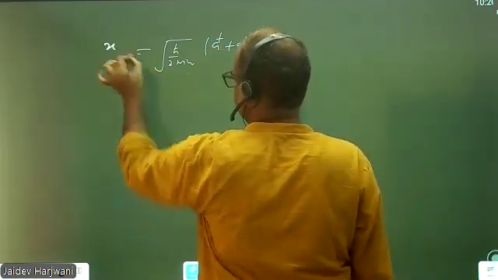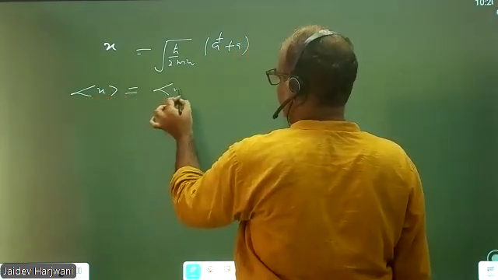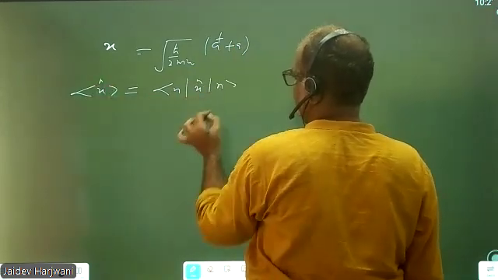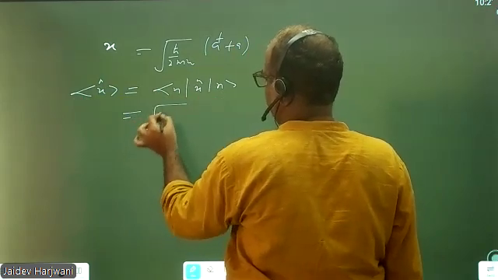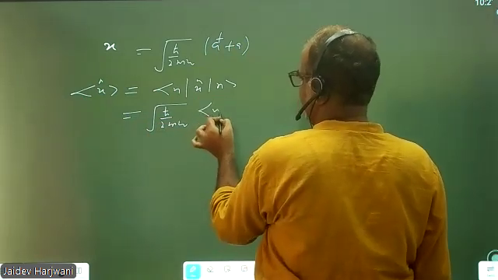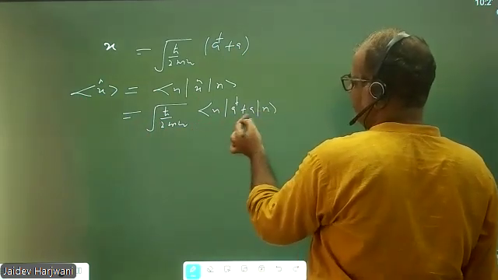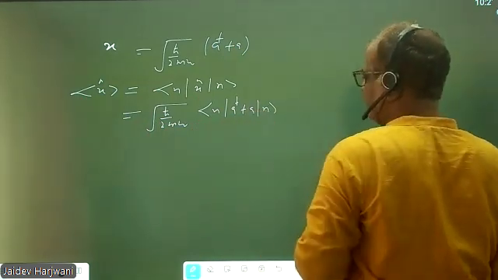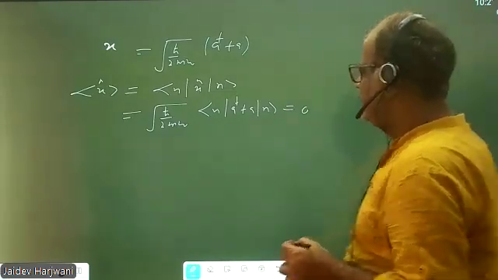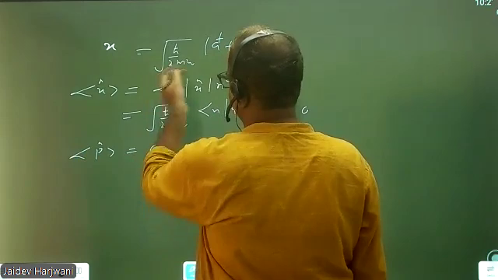Now the expectation value will be the bra n, x cap, ket n, and this will give me h cut upon 2m omega times n (a plus a) n, and obviously this will modify the state n, so this will always be 0. Similarly, the expectation value of p is also 0, because this will be a minus a.